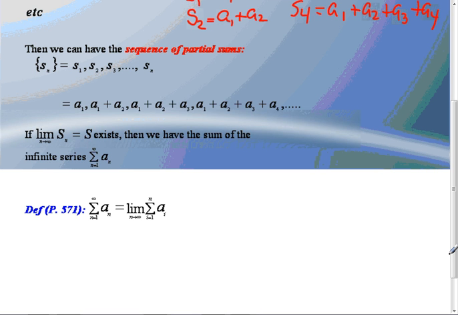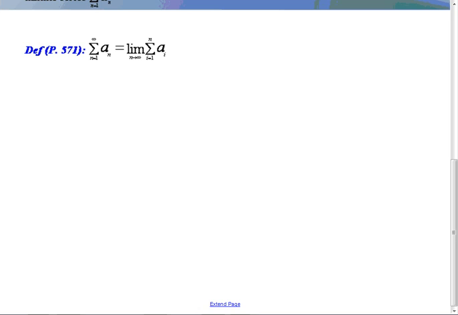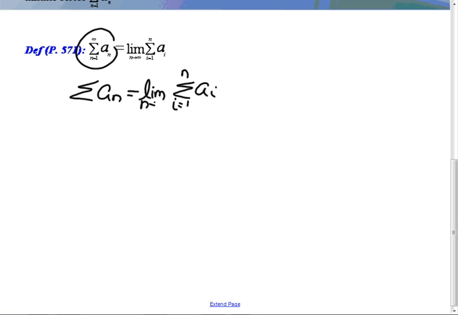Very hard to find the sum of an infinite series. So just in general, if I see this, sigma A sub n, it's really taking A sub i going from 1 to n and taking the limit as n goes to infinity.